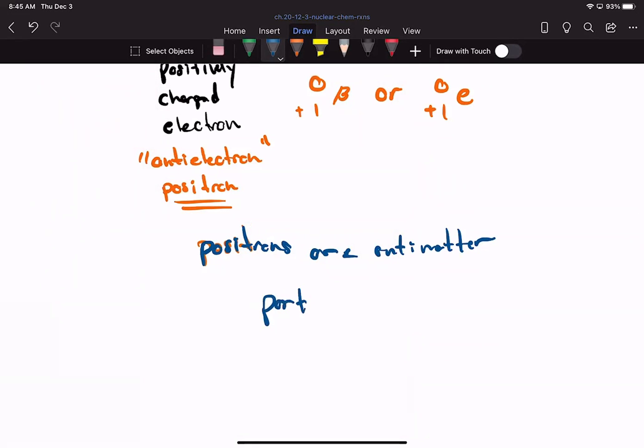When we consider what antimatter is, those are just particles of the same mass, but an opposite state of another property, right?